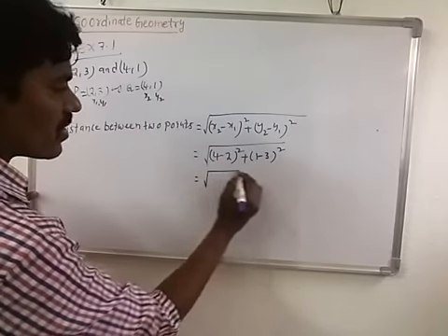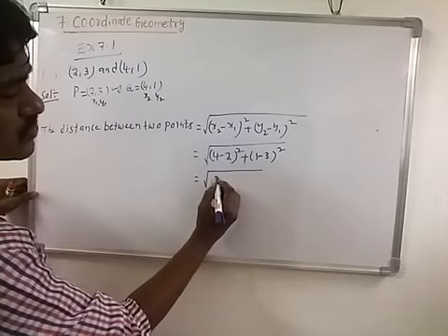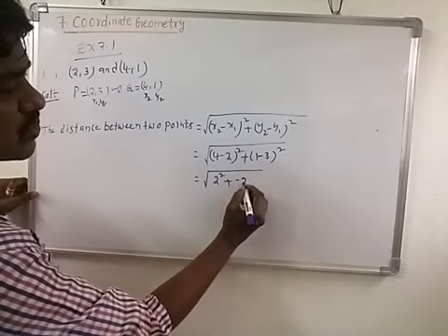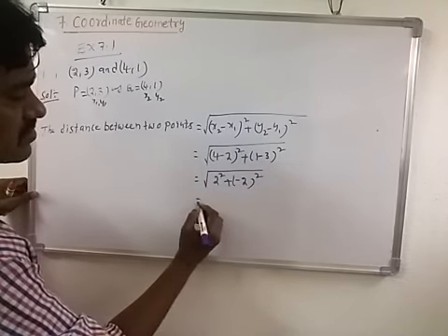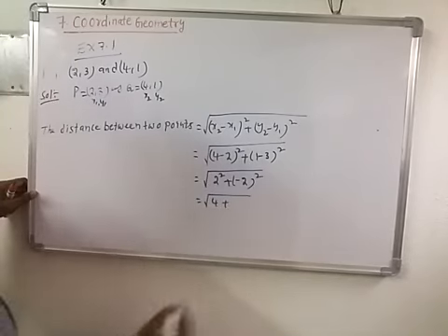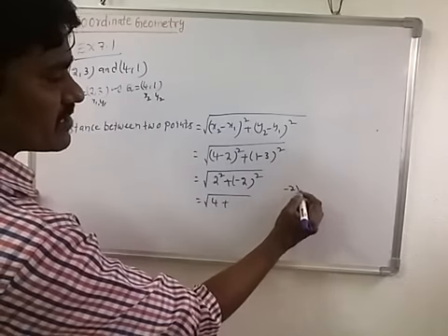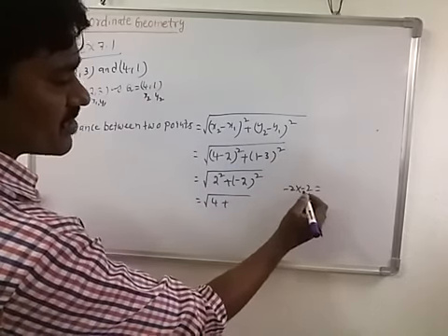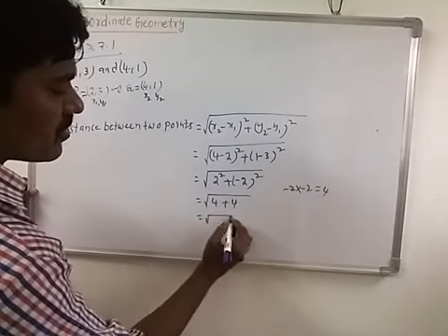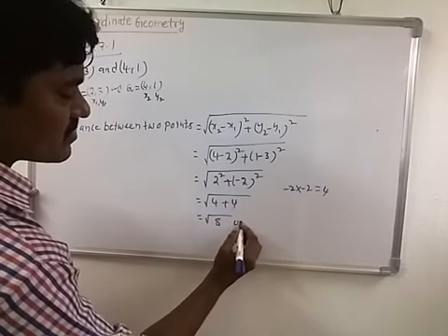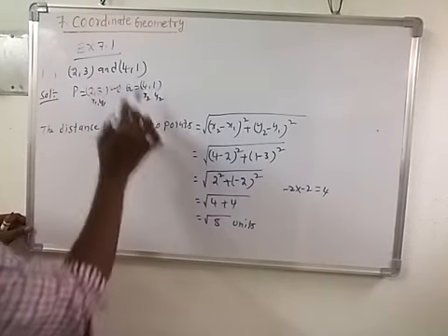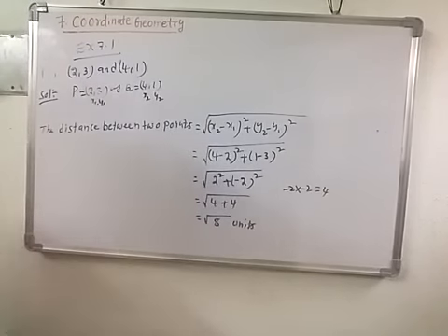That is the square root of 4 minus 2 is 2, 2 square, plus 1 minus 3, that is minus 2 whole square. So that is the square root of 2 to the 4, plus minus 2 whole square. Minus 2 whole square can be written as minus 2 into minus 2, minus into minus is plus, 2 to the 4, that is 4. Square root of 4 plus 4 is 8. So therefore the distance between the points 2 comma 3 and 4 comma 1 is square root 8 units.